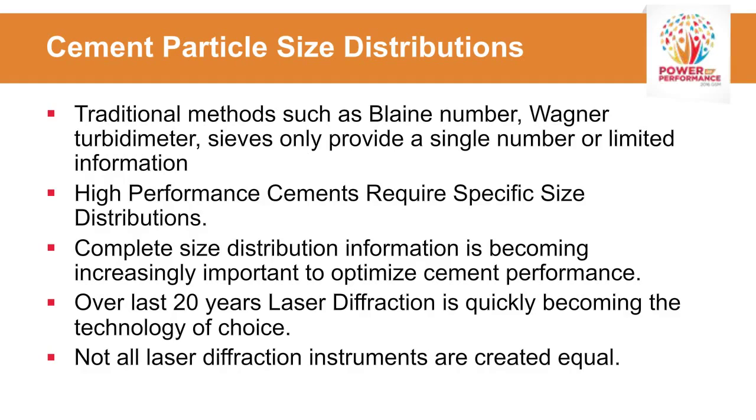The complete size distribution has been increasingly important, and so over the last 20 years or so, technology advances have been moving toward the laser diffraction type instrumentation for a variety of reasons that we'll get to in a moment.